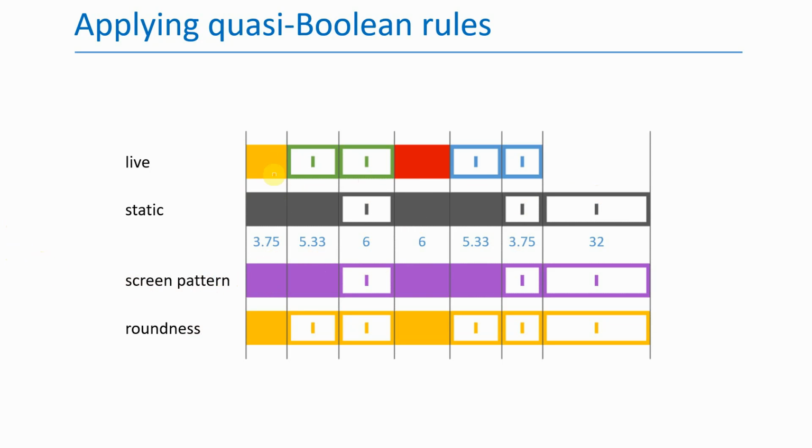So the types are plenary, singular, singular, plenary, singular, singular, singular. To convert the roundness chain into a number, we multiply the plenary sizes. So that's 3.75 times 6, which is 22.5.